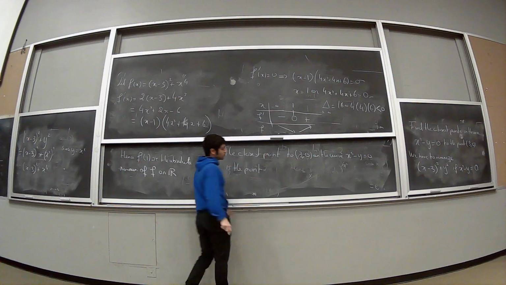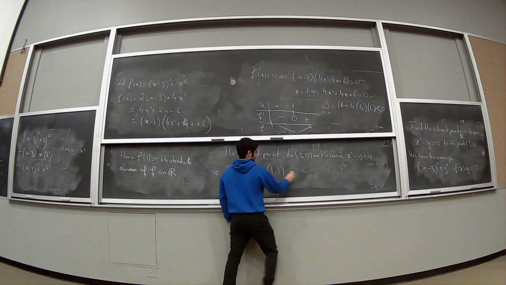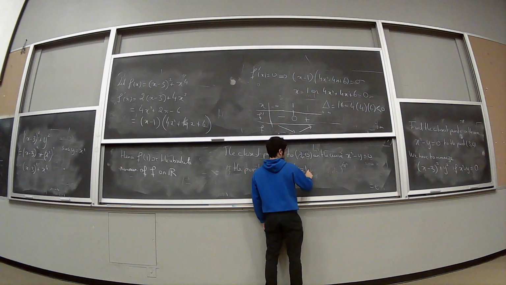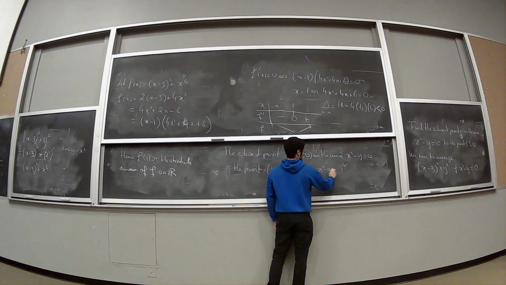So if x is equal to 1, what is y equal to? Is the point 1, 1, right? X is equal to 1 implies that x squared minus y is equal to 0. This implies that y is equal to 1.